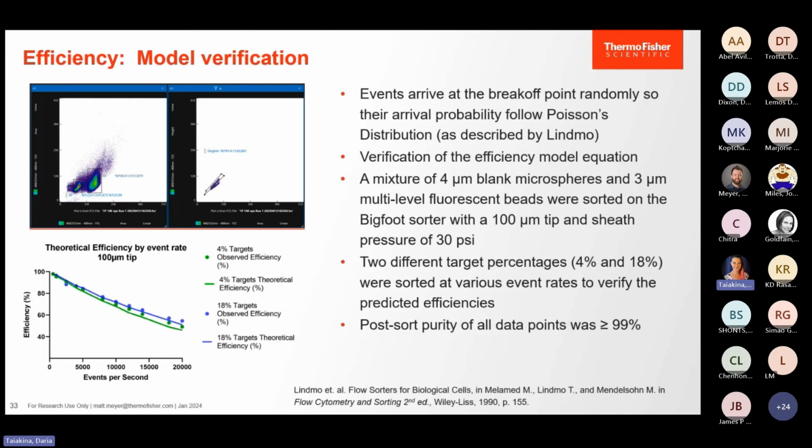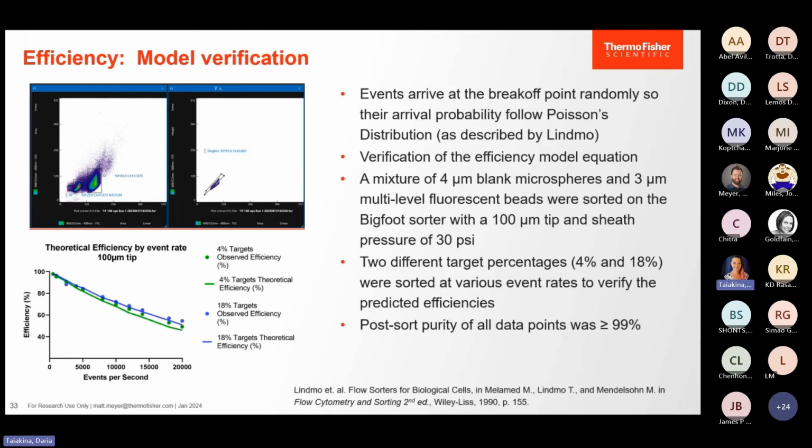And so we have to go back and model this, and we can use Poisson statistics or Poisson distribution as described in the Lemmo paper. That is ultimately looking at verifying what our reported efficiency is versus the actual efficiency. We can do this with beads, and we vary the percent of the total target population in the final gate.